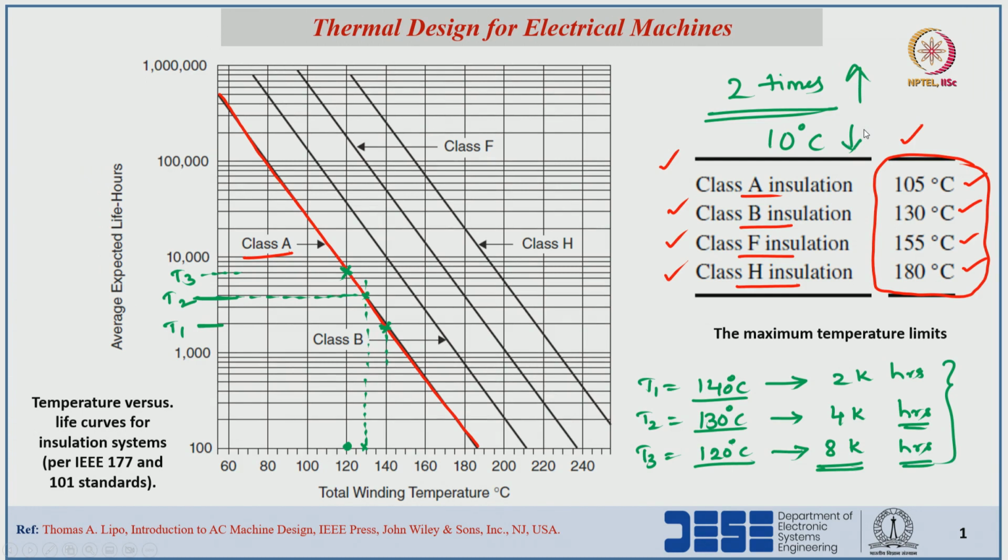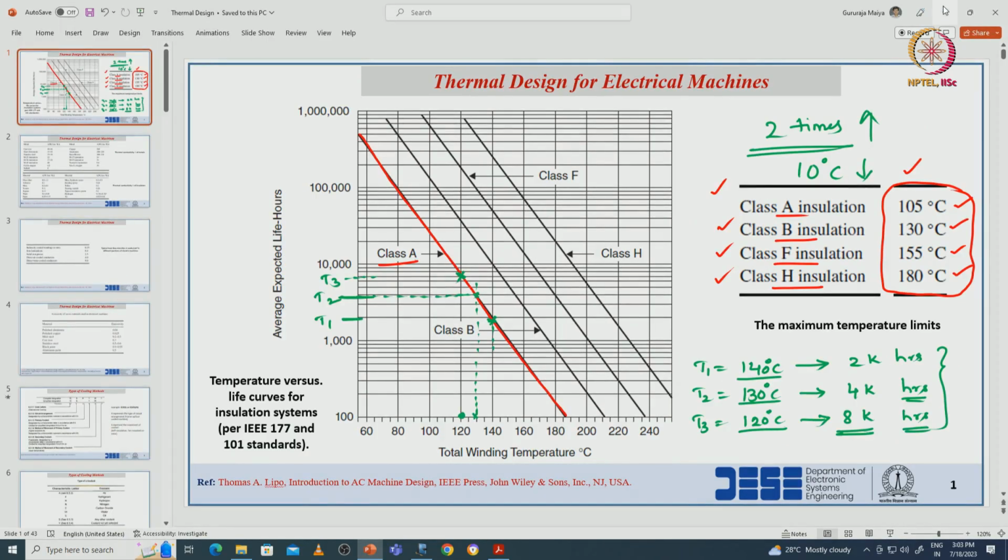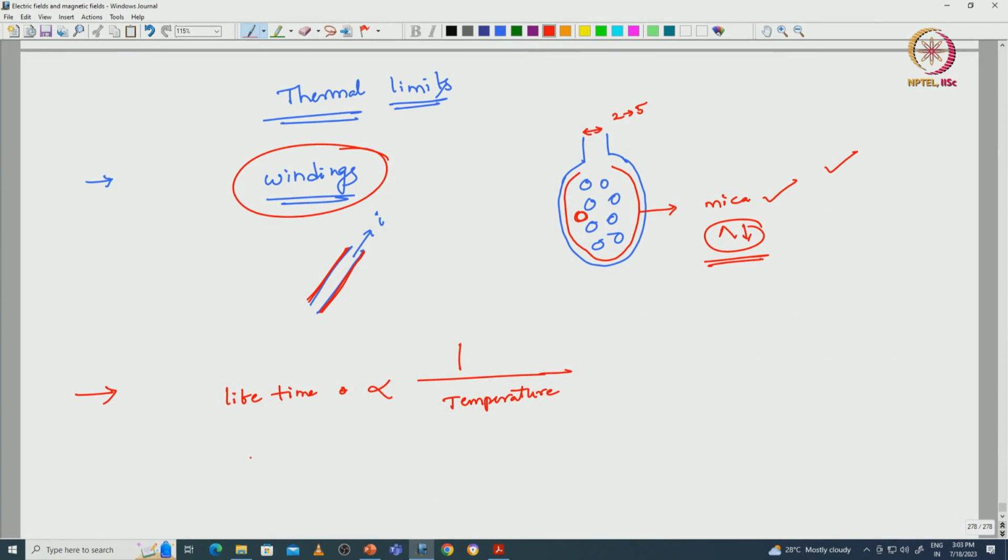So, this shows how significant the thermal design of the windings is, and the temperature related to the windings we can calculate based upon the electrical resistances. In order to find the temperature of the winding, we can use electrical resistance measurements.